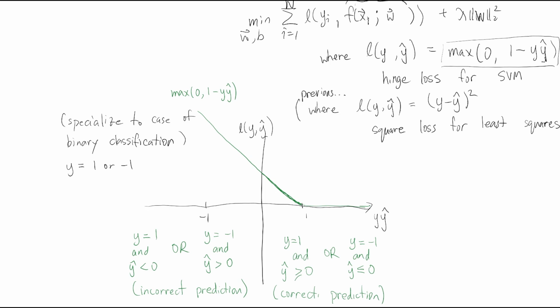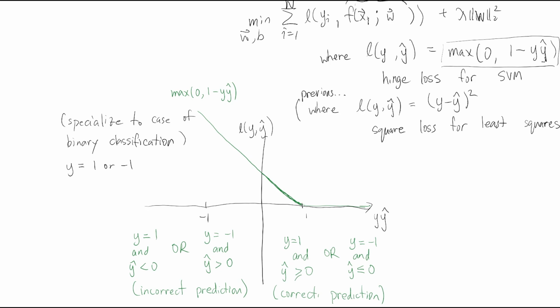So what happens with an incorrect prediction? As you can see, the more negative y hat is, the more wrong. If we look at the y equals 1 case, the more negative y hat is, the more penalty we'll get. You could argue whether that makes sense or not, so I'll let you think about that.